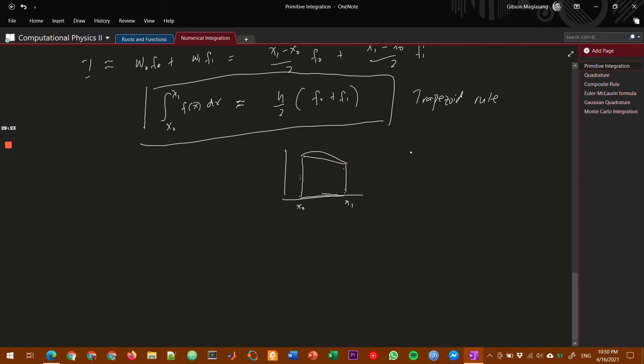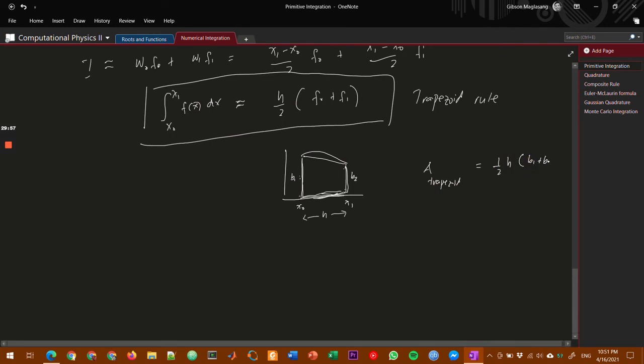And the formula sa trapezoid, the area sa kaning trapezoid, right? Kasi this is base 1 and this is base 2, and then kanin siya is your h, like your height. So the area of a trapezoid is actually 1/2 height times base 1 plus base 2.